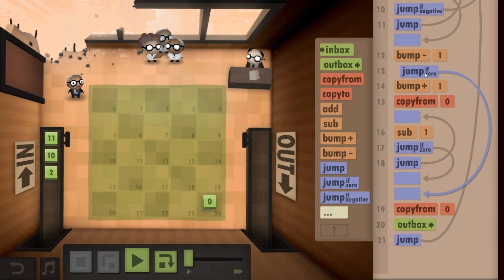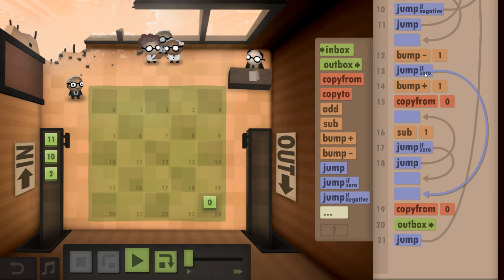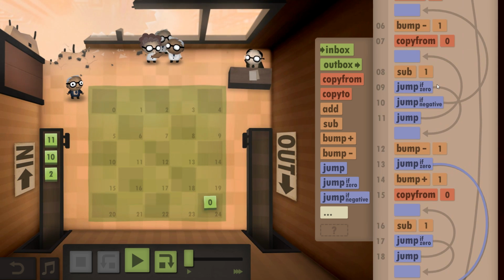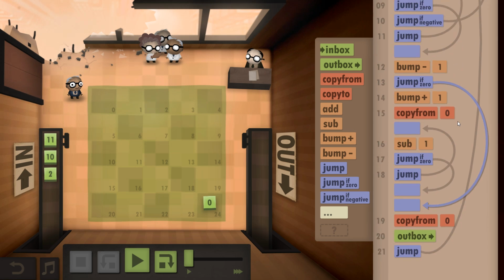Okay, if it's 0, that means that... If it's 0, then it means that this here is a prime number and I want to outbox it.